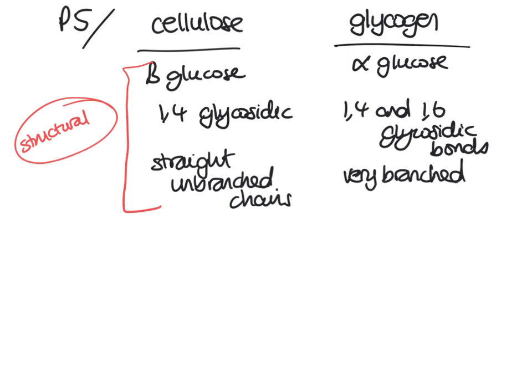But they just asked you for 4 differences. So you could have said that cellulose is used for structural support, or its function is structural support. And glycogen, it's an energy storage molecule.